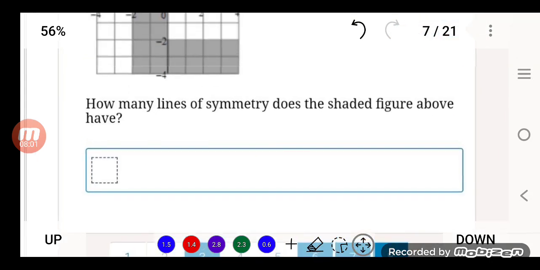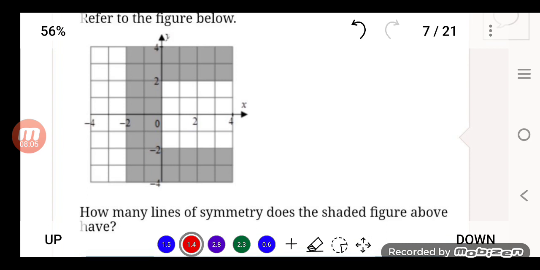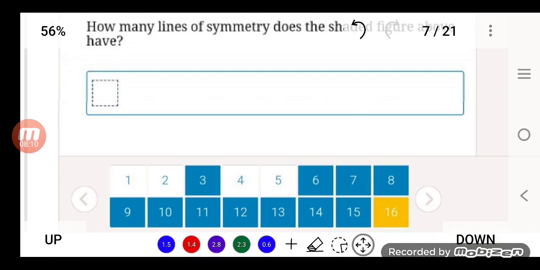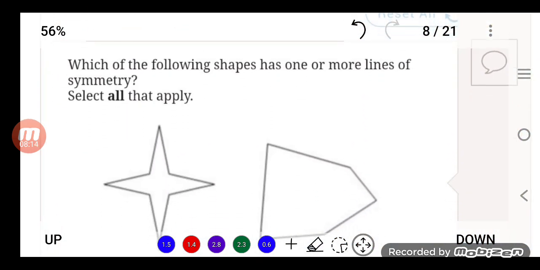Refer to the diagram. How many lines of symmetry does the shaded figure have? It has only one line of symmetry, which is here. So the answer is one line of symmetry. Next question. Which of the following shapes has only one or more lines of symmetry?